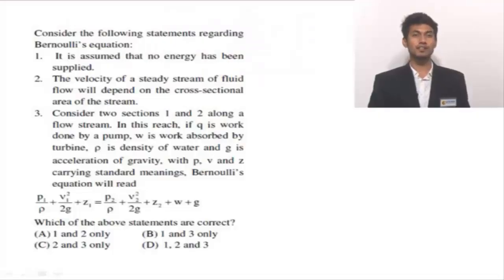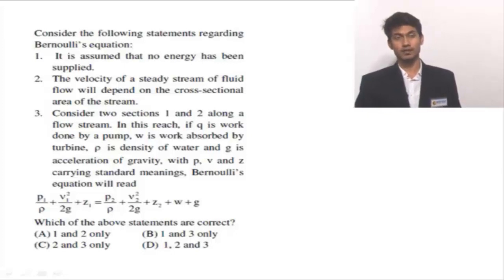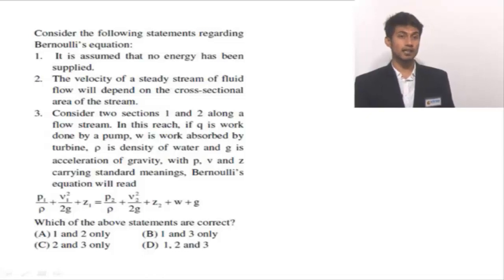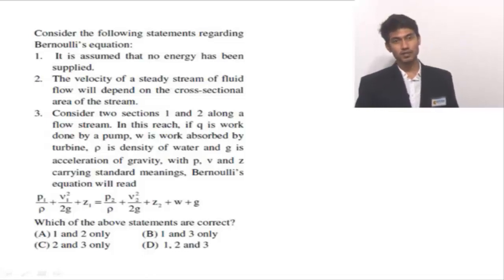The question is, consider the following statements regarding Bernoulli's equation. Statement 1 is, it is assumed that no energy has been supplied. Statement 2 is, the velocity of a steady stream of fluid flow will depend on the cross-sectional area of the stream. Statement 3 is, consider two sections 1 and 2 along a flow stream.